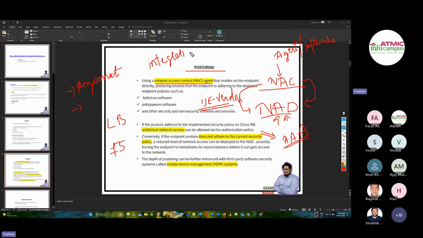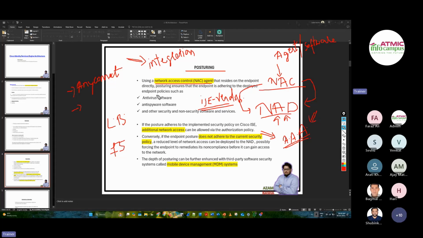I come from different types of technology. Like I said, I'm into enterprise infrastructure, data center, security, wireless, and now automation and AI as well. So with this understanding, there is no integration that happens with ICE. It's always AAA.